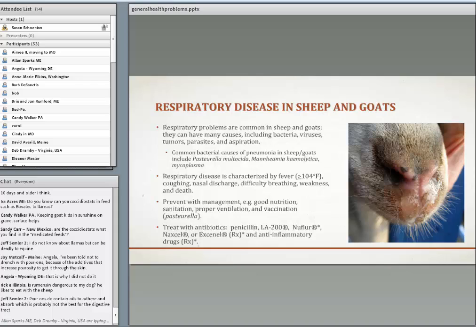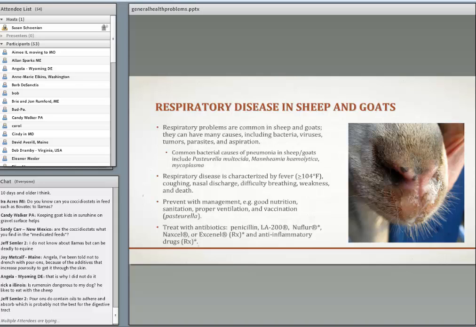We prevent pneumonia. Again, everything starts with good management, good nutrition, sanitation. Ventilation is particularly important when we're talking about pneumonia. It was mentioned in a previous class that while in general winter conditions kill off a lot of the bad stuff, sometimes we close our animals in the barns and we have respiratory problems because we don't have good ventilation.